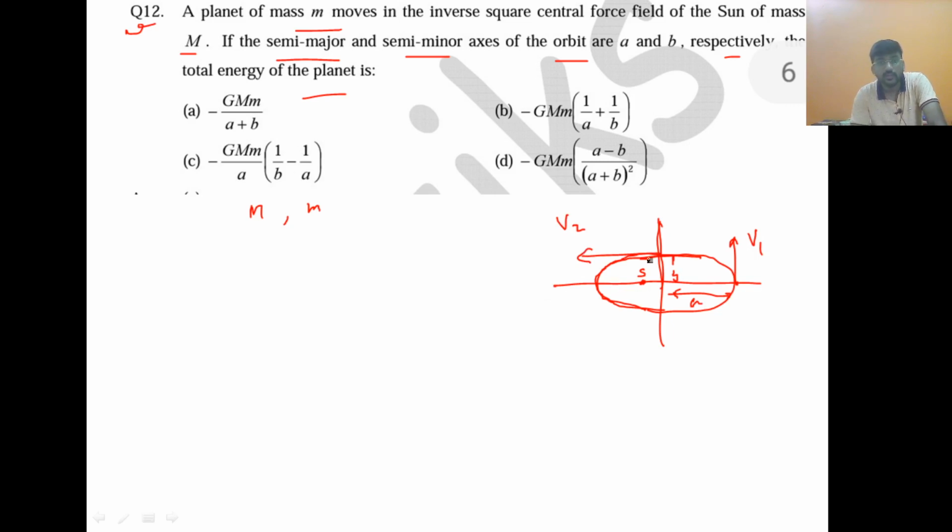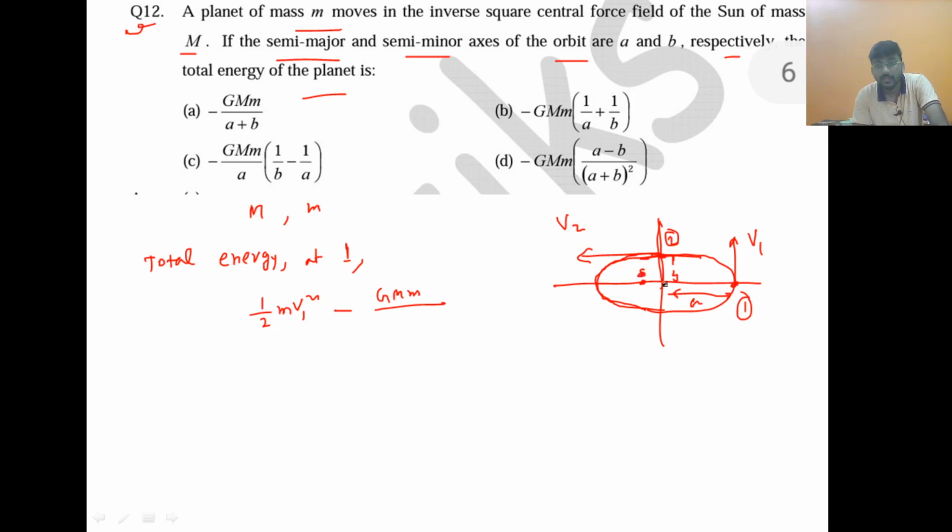The total energy will be constant under the central force field, so the total energy here is equal to the total energy here. Total energy at position 1 will be half m v1 square minus the potential energy, G capital M small m divided by the distance between capital M and small m.